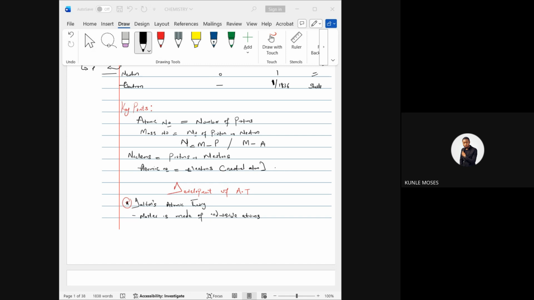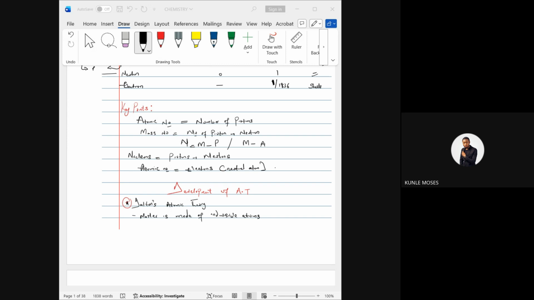So some people will ask, what is the modern correction? We said an atom contains 3 particles: proton, neutron, and electron, isn't it? Now, if we say the atom is the smallest particle and is indivisible, how come it contains proton, neutron, and electron? This is one of the limitations of Dalton's atomic theory.